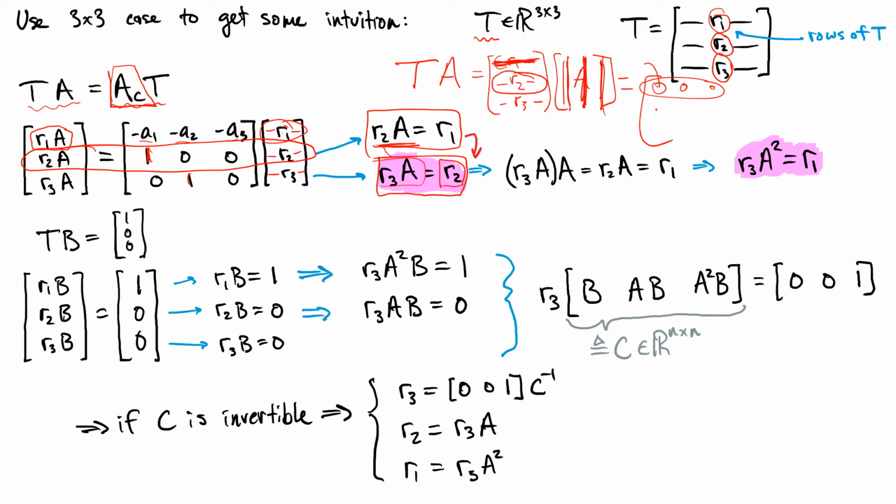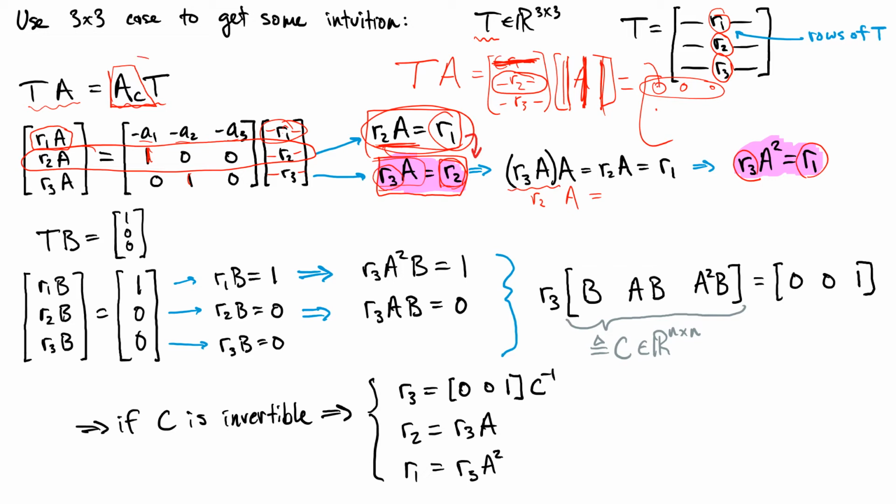And so that gives me R3A A, and that should be equal to R1 by this first equation here. So now what I've done is I've related row 2 to row 3, and I've also related row 1 to row 3. And so the handy thing about this is that if I know what row 3 is, then I can compute row 1 and row 2.